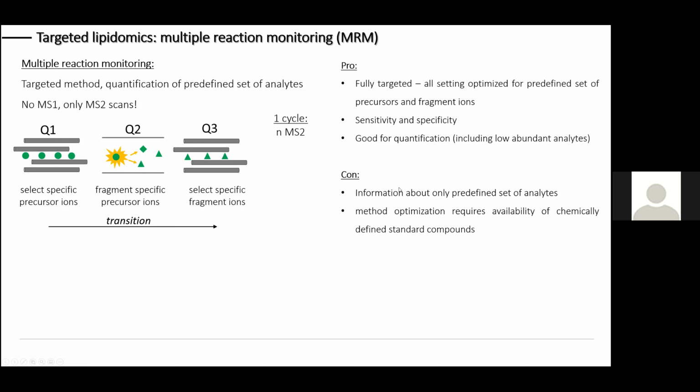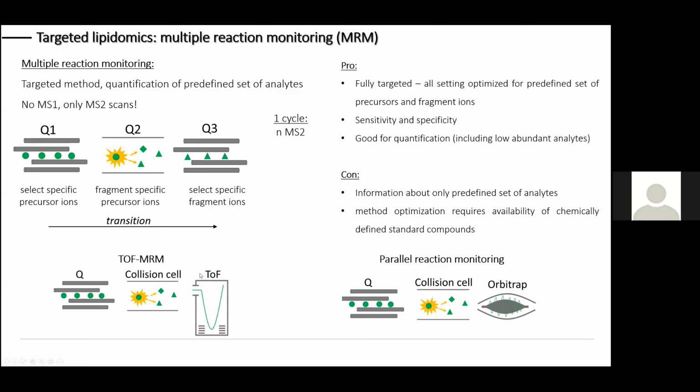But as a con, of course, this is a targeted method and we get information only about a predefined set of analytes. And if we want to optimize the settings of our mass spectrometer for those predefined lipids in an absolutely perfect manner, we usually need chemically defined standards for this optimization, which sometimes might not be so easy to obtain.